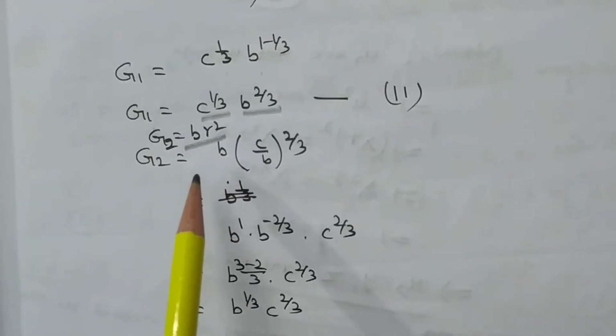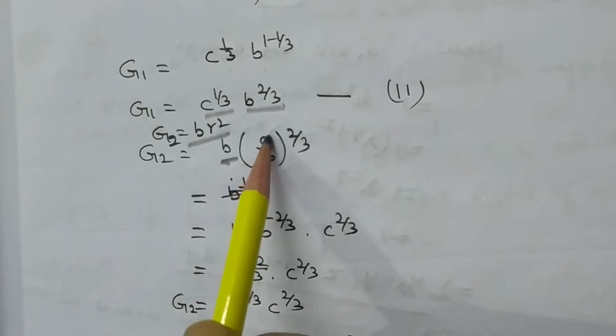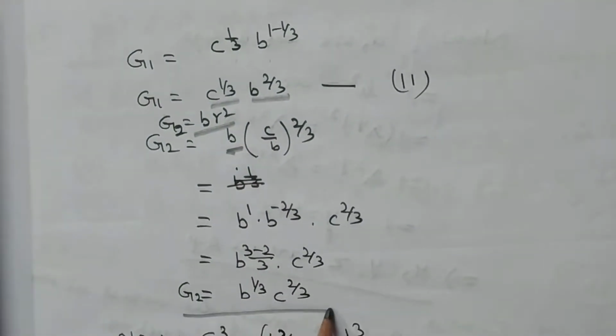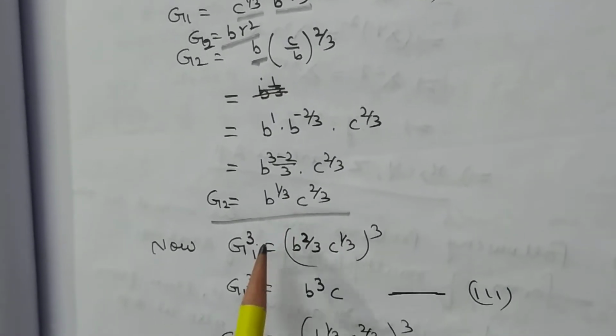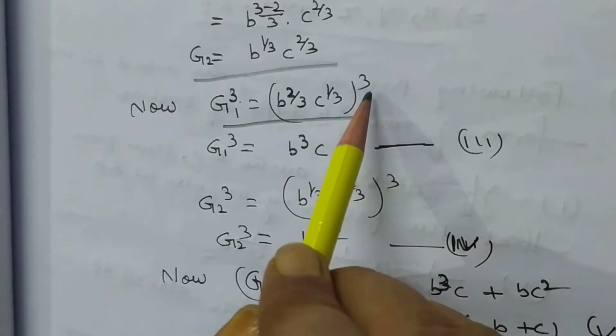G2 is Br square. G2 is equal to B times (C by B) whole to the power 2 by 3. After simplification, G2 is equal to B to the power 1 by 3, C to the power 2 by 3.